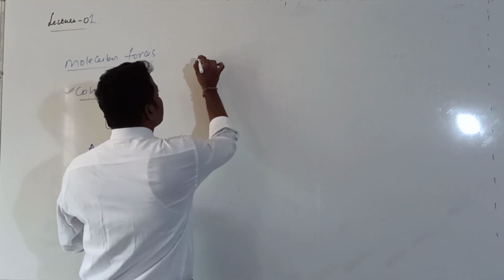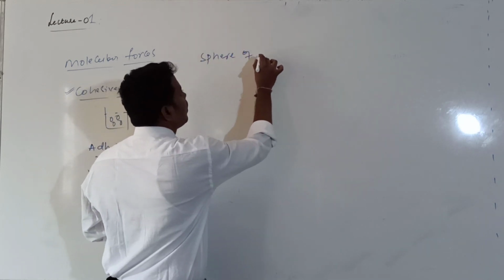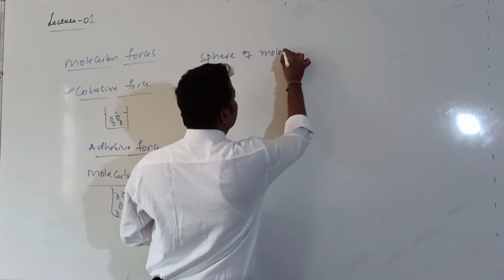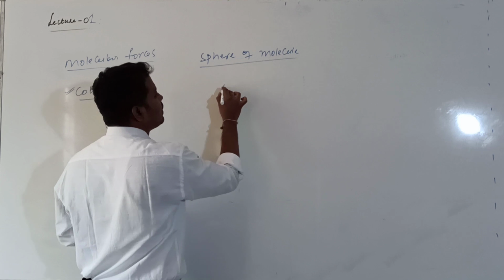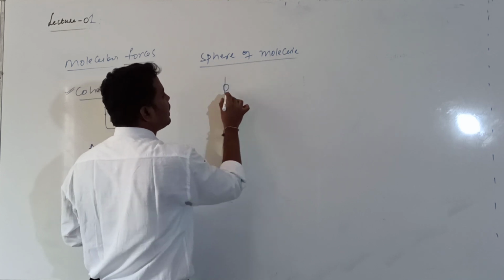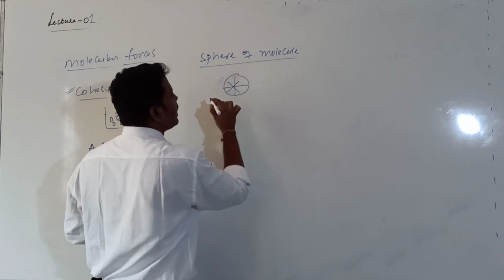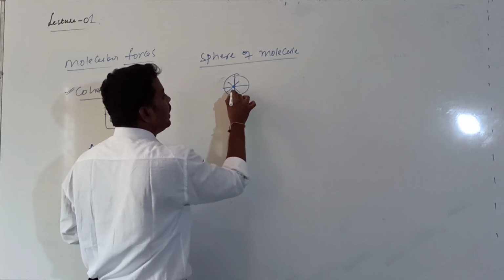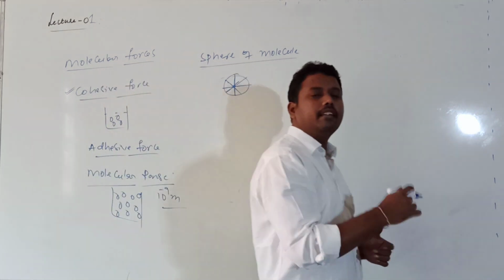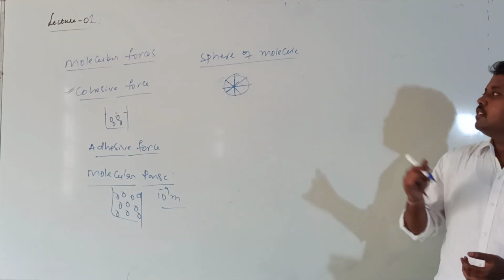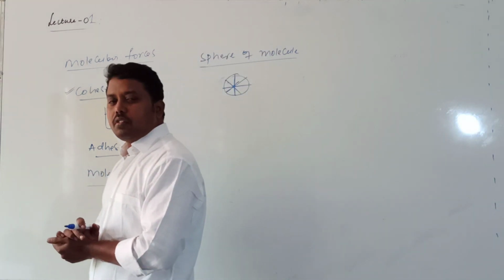So what is the meaning of sphere of molecules? If I take one molecule as a center and the molecular range as a radius, and draw a sphere, that sphere is called the sphere of molecules.